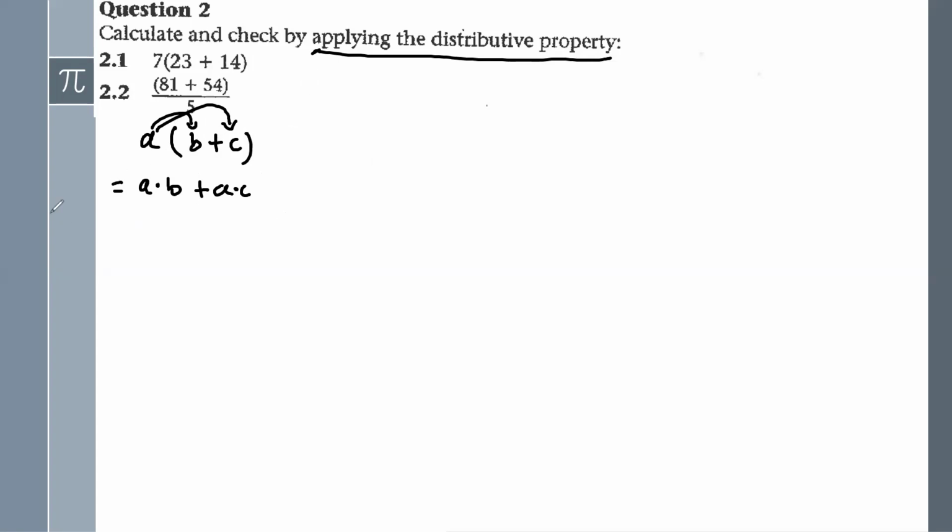Now, I want to show you how it makes our life easy when it comes to sums like this. Remember here, you are not really allowed to use the calculator, so you need to show all steps that you would have gone through to obtain your final answer. So let me do 2.1 here. We have 7 times (23 plus 14).